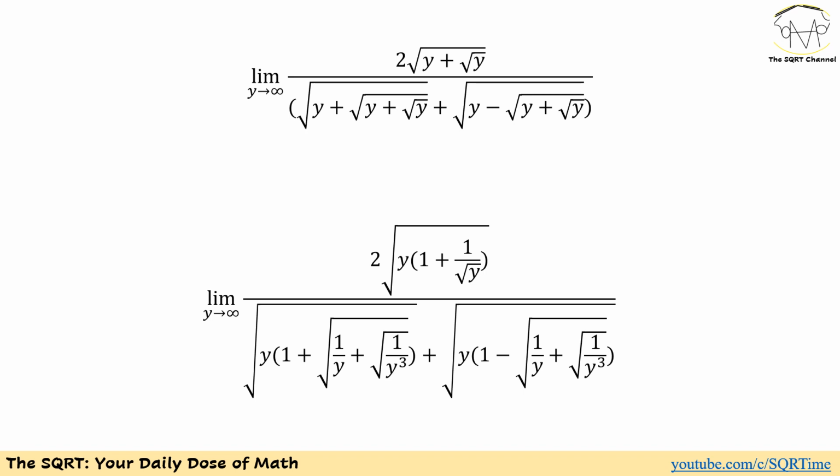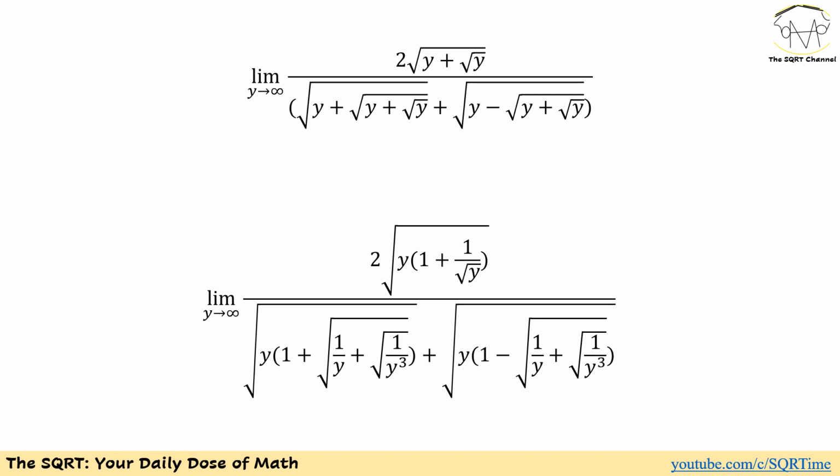Now we are going to use another trick here. I'm going to factor out y from each radical that we have. Let's take a look at the numerator for now. If we factor out y inside the radical, then I have y times, for the first term it's going to be just 1, and for the second term it's going to be 1 over radical y.